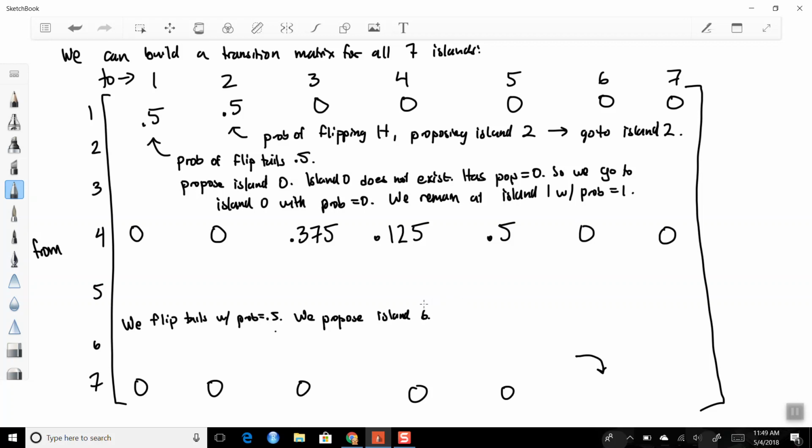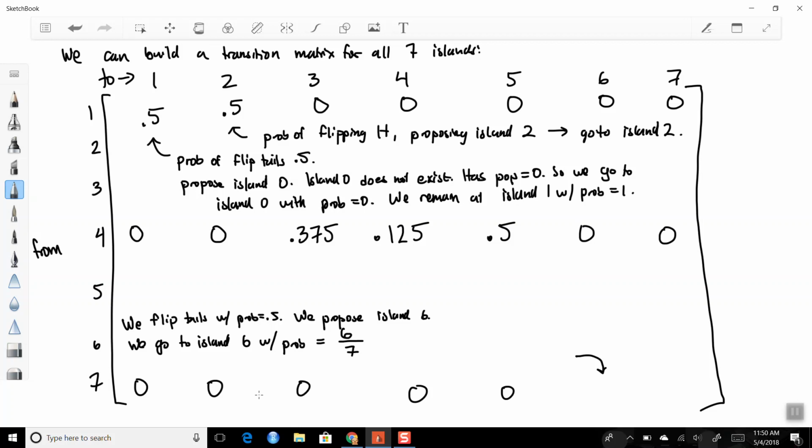And we check the population. Island 6 has a smaller population, so we go to island 6 with probability equal to the population of island 6, which is 6, over our current island population 7. So we'll go to island 6 with probability 6 over 7.